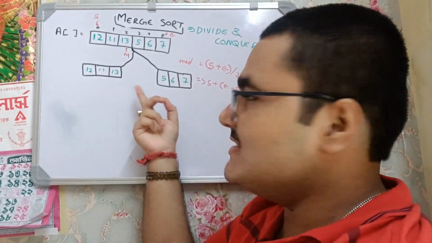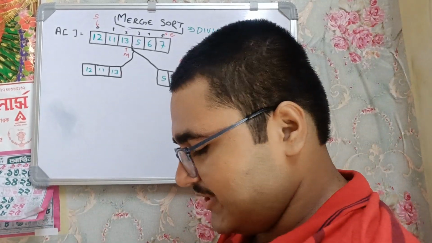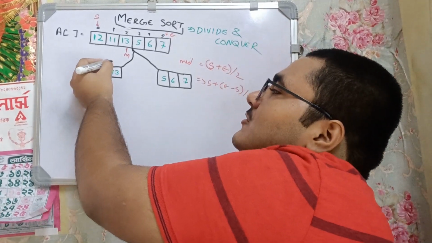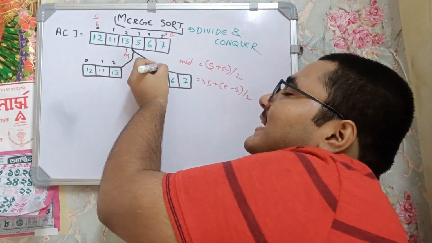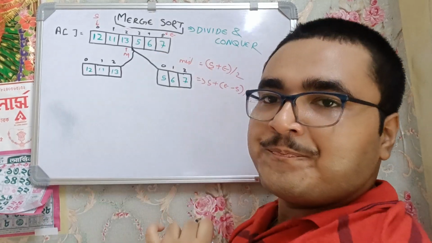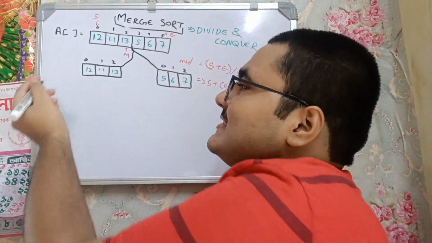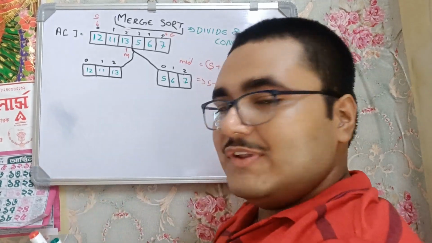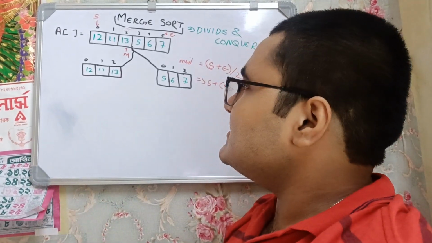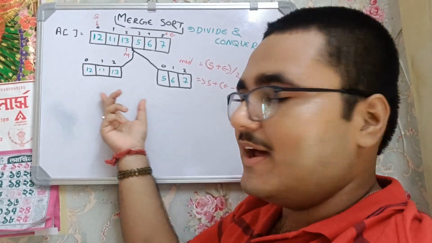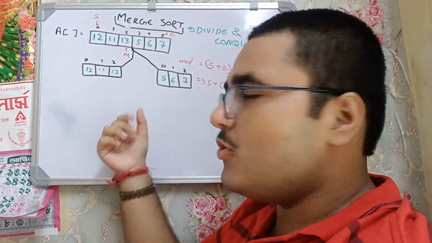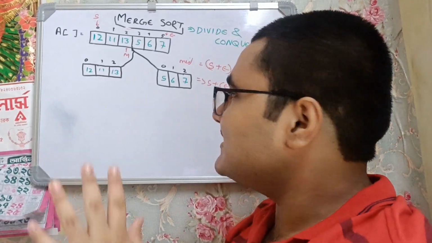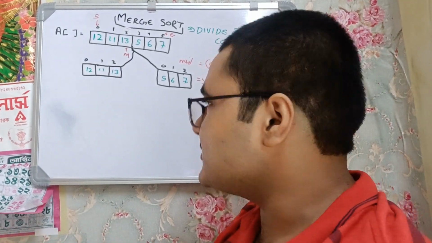So the indexing is again 0, 1, 2 here and again 0, 1, 2 here. Every time we divide the array, we will be storing these two portions in another separate array. When we write the pseudocode, at that time we will see that. For now, let us understand how the steps will proceed.